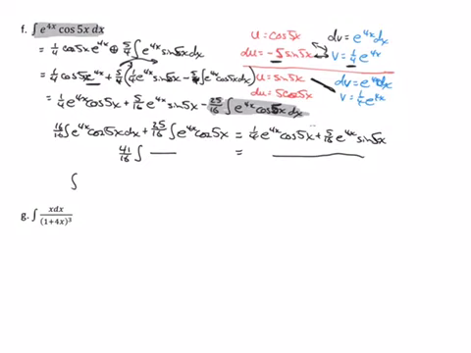And we'll end up with the integral of e to the 4x cosine of 5x dx is equal to 16/41 of everything that was on the right side. 1/4 e to the 4x cosine of 5x plus 5/16 e to the 4x sine of 5x.